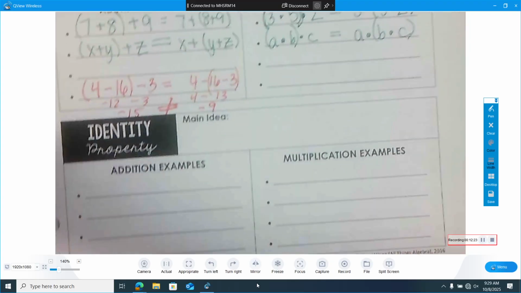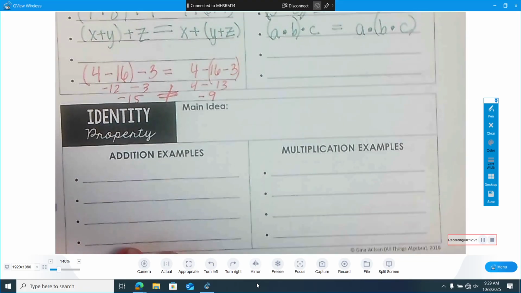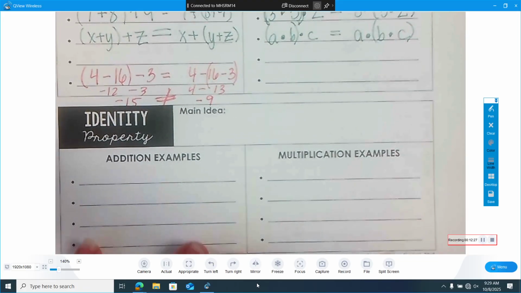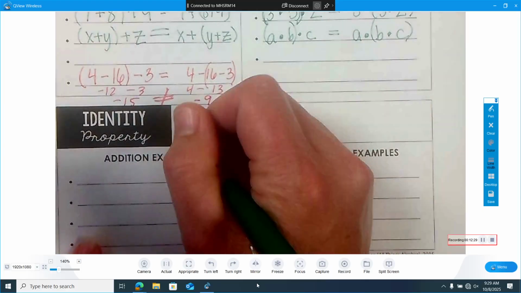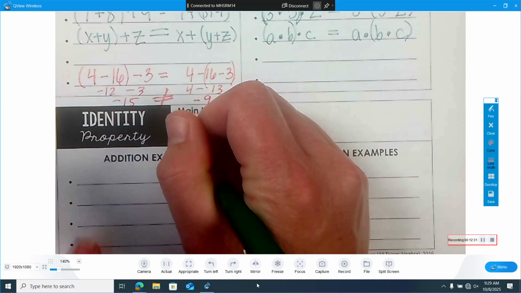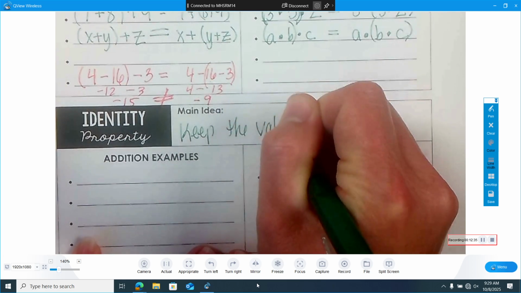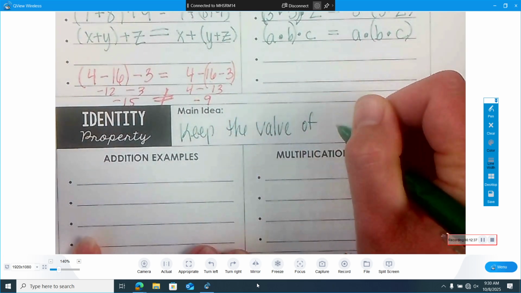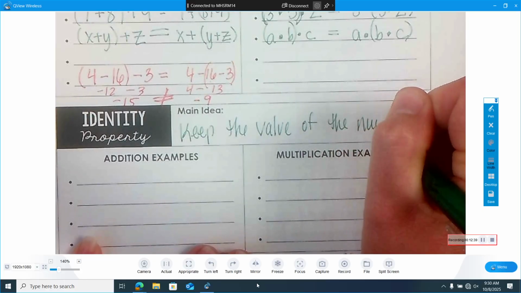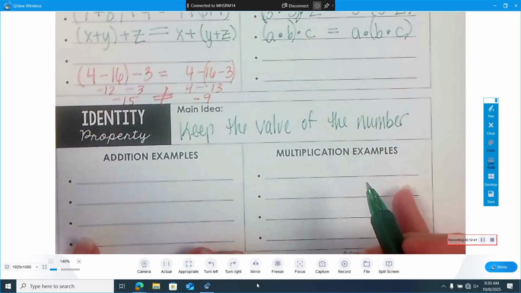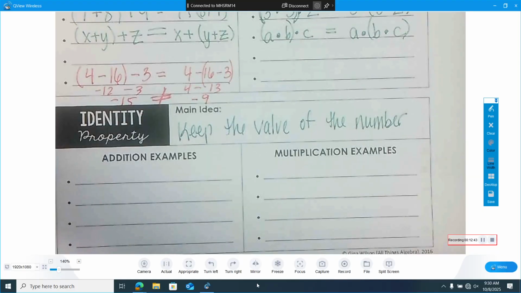Okay, the identity property. The main idea here for the identity property is that we keep the value of the number. So what we're saying is, what can I add for addition?